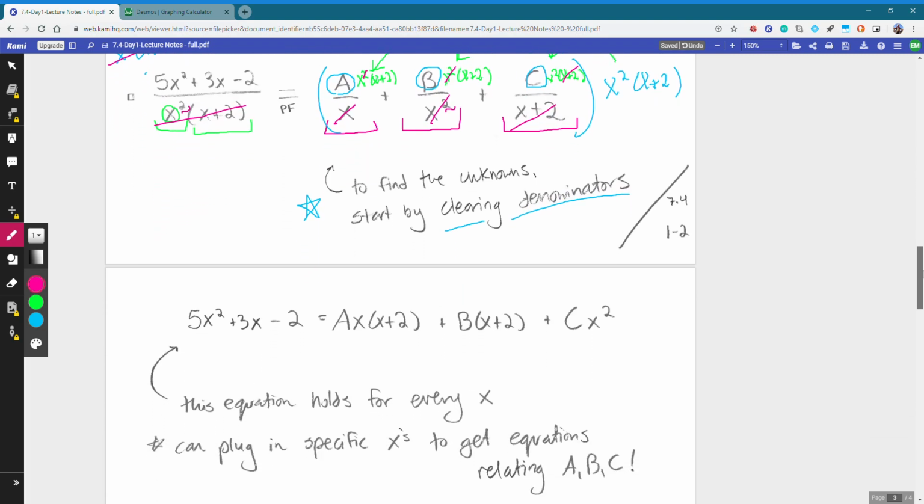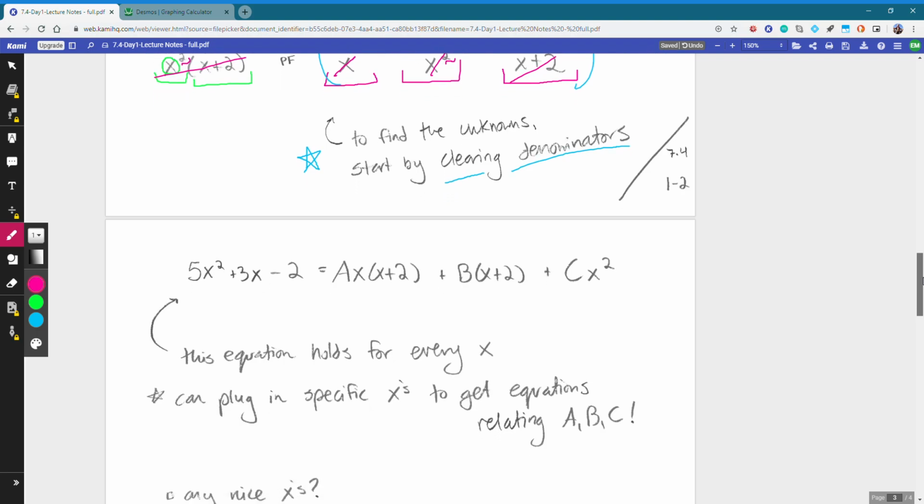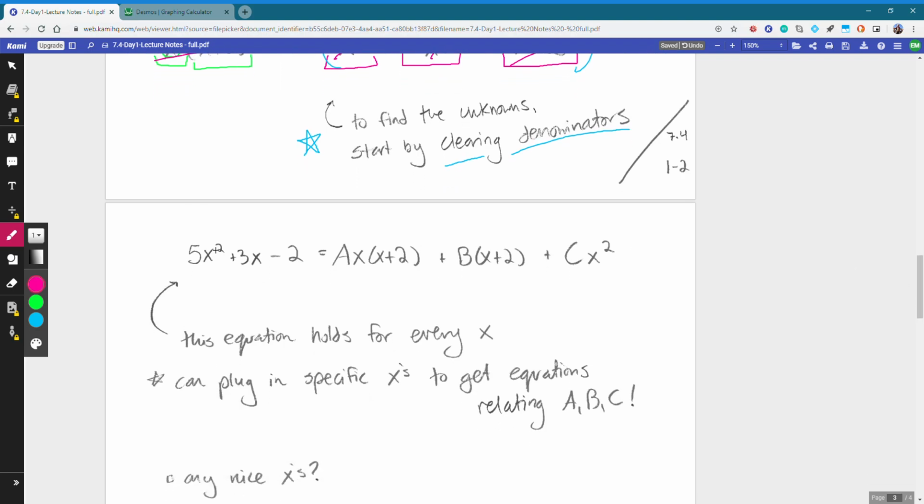And so what we're left with is this nice polynomial equation now. No more fractions to worry about. And what's useful to us is that this equation holds for any and every x. What that means is that we can plug in any x that we'd like and we'll get a true equation.